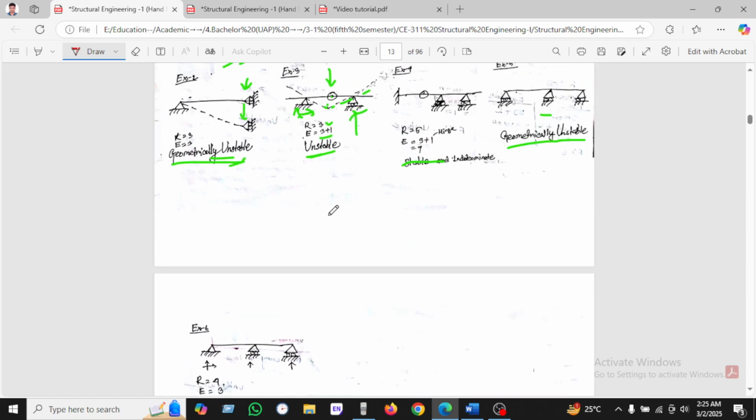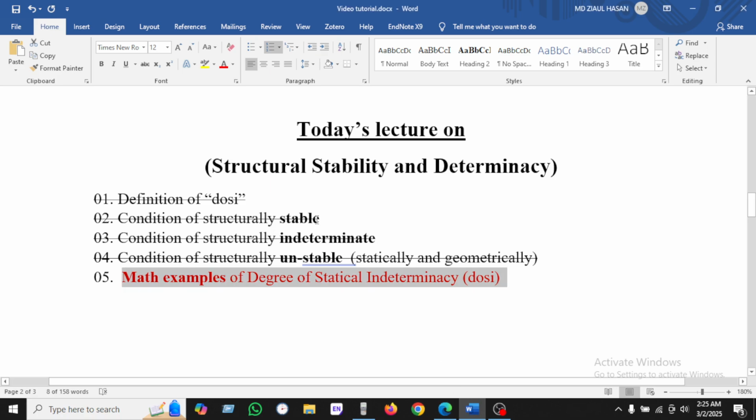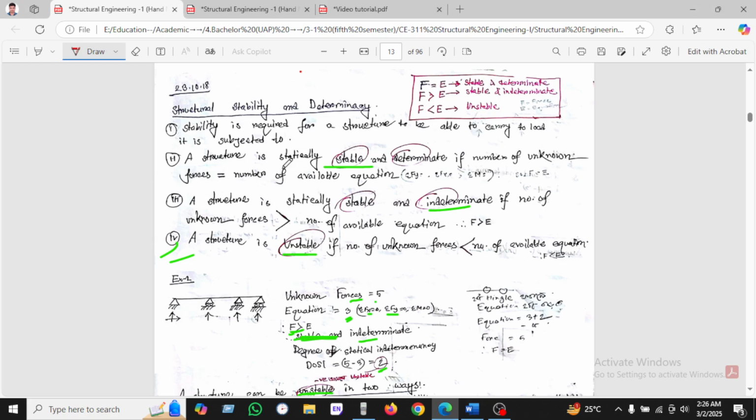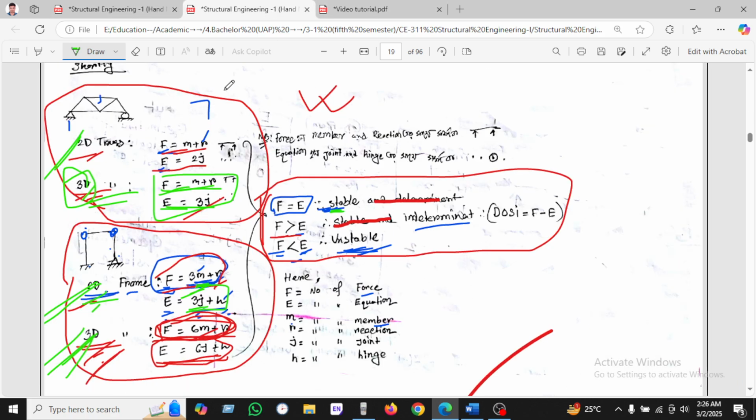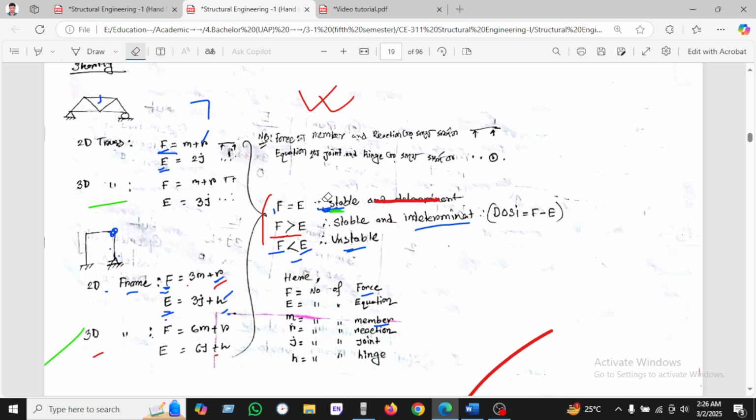Thank you everyone. But before I leave you, I'm just summarizing that we have to understand stable, indeterminate, and unstable. Unstable is of two types, statically and geometrically. And then we have to memorize how stability occurs, these are the equations, and how the indeterminate condition occurs, and the unstable condition. So we must memorize this condition, this equation, and this condition also.